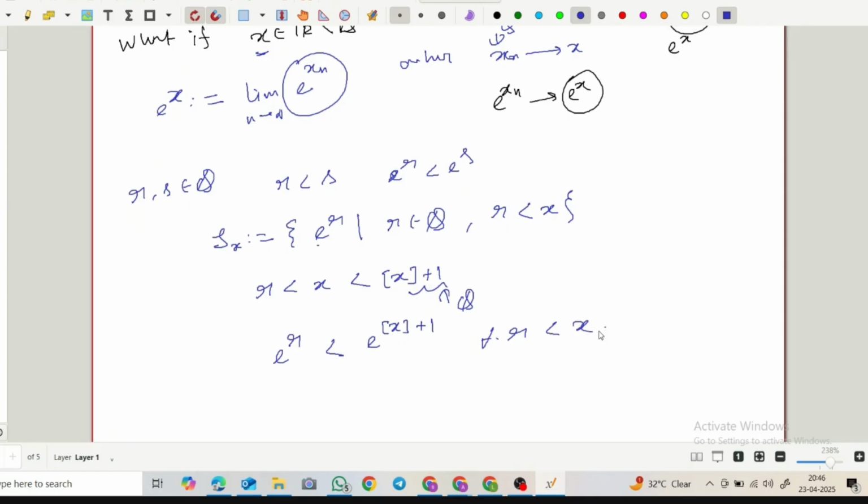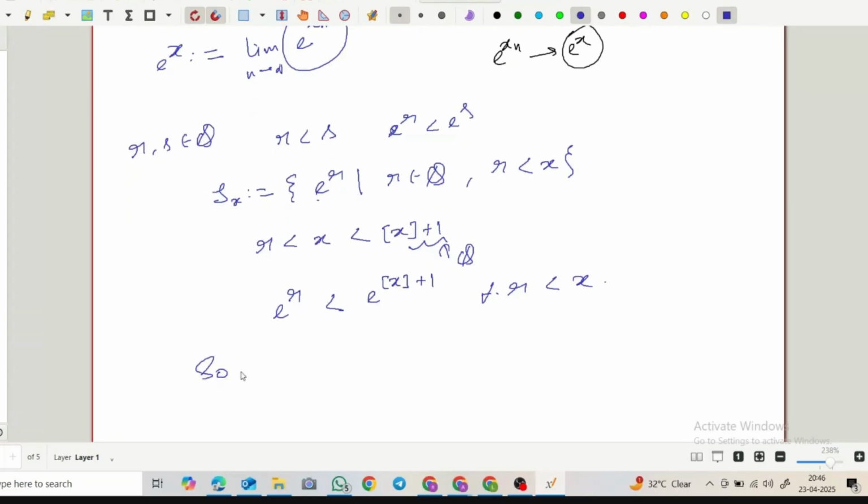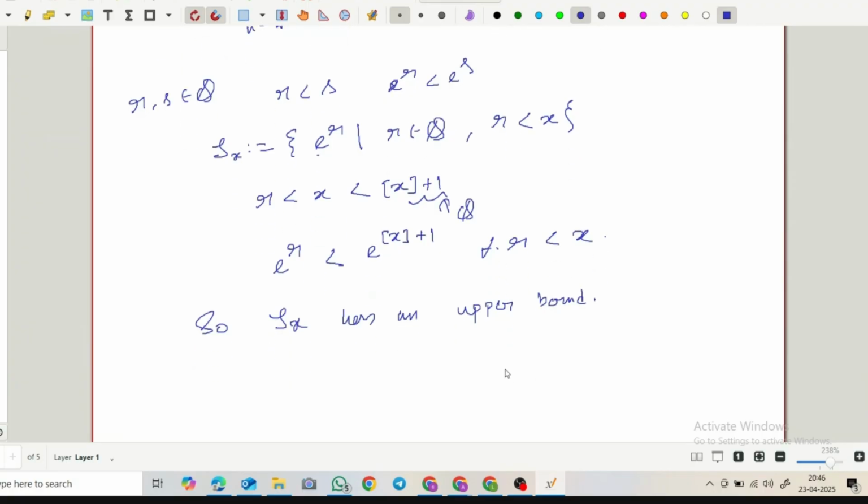Revati, understood? There is no fallacy here. So tau x has an upper bound. Define e to the power x to be the supremum of tau x. Clear?